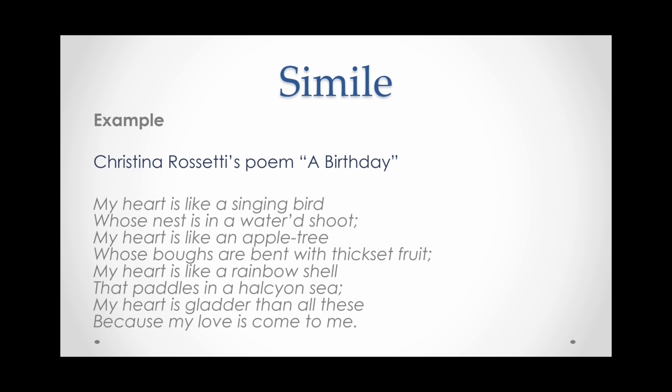Rossetti compares the heart to a joyful bird in a full nest, compares her heart with an apple tree full of fruit, and compares her heart with a beautiful shell in a peaceful sea, and the purpose is only to describe the feelings that are emerging in the heart of the poetess.